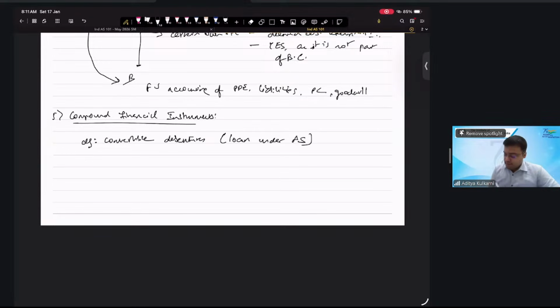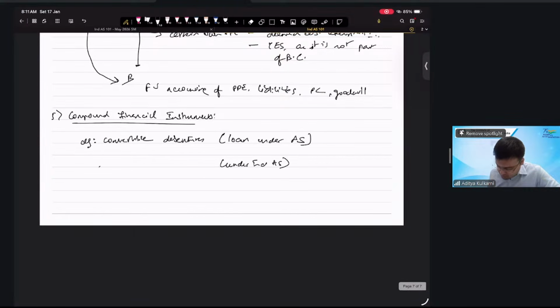Yes. But under Ind AS, what will you show? Here we will show it as part of equity plus debt. It is an optionally convertible debenture.